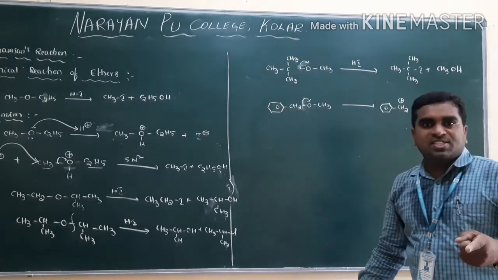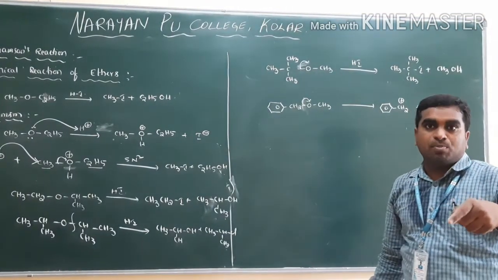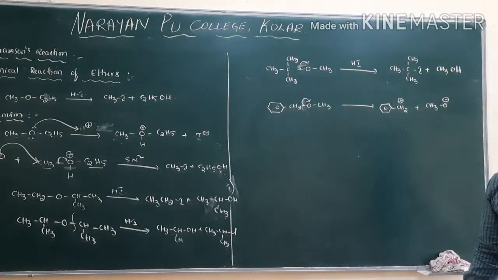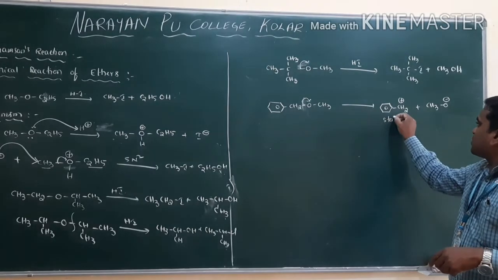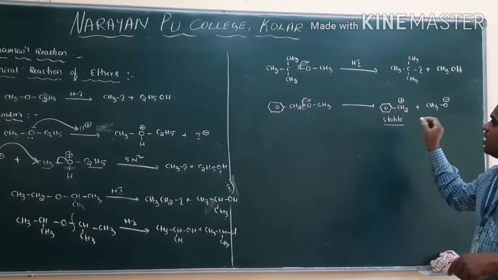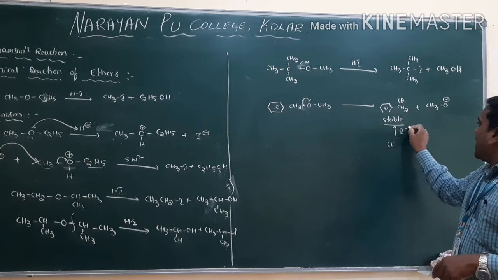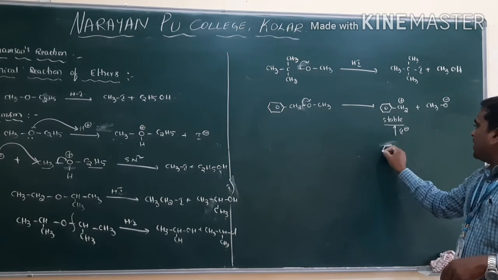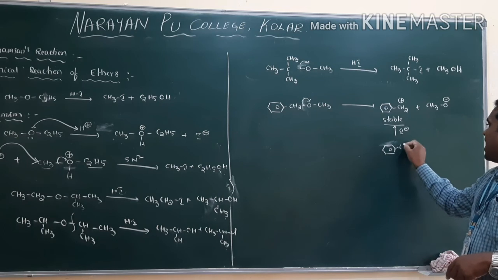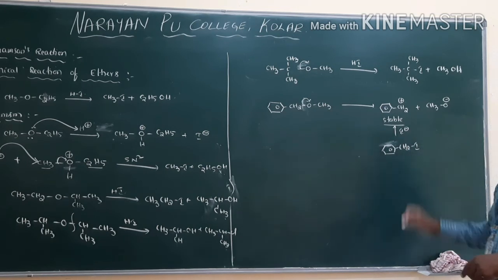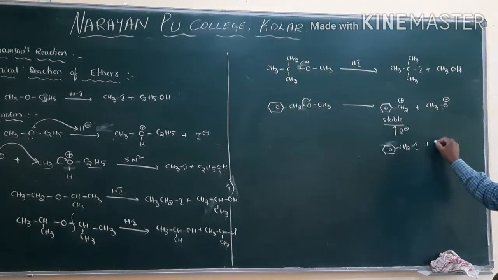is very stable due to resonance. You already know that. So it forms a very stable carbocation, and iodide will be added here. Iodide ion adds, and you will get C6H5CH2I, and H will be added to give CH3OH.